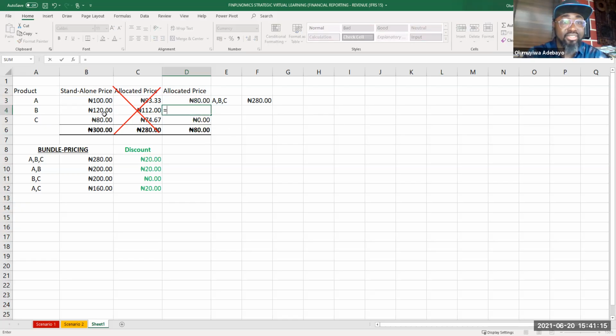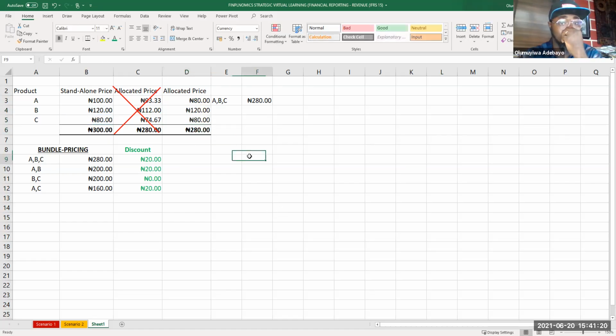Others' prices remain the same. Which means even when I use standalone price, there's evidence that has shown that if you sum up all of them, it will not sum up to 300. Rather, it sums up to 280. That 20 is only a discount applicable whenever you purchase product A in combination with any other products.